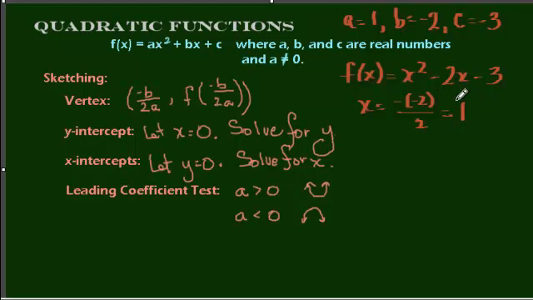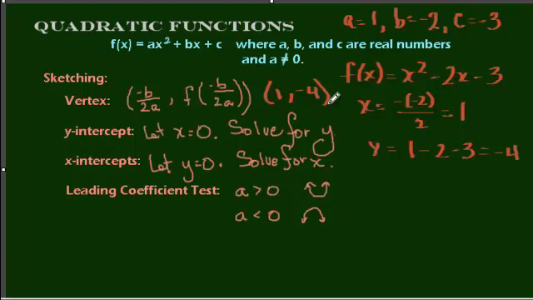And we got a 1, so I would place that into the function, and I would get that y equals 1 squared, which is 1, minus 2 times 1, that would be 2, minus 3, this would equal negative 4. So our vertex for this function would be at 1, negative 4, which was what we observed on our graph, which I'll pull up in just a minute.